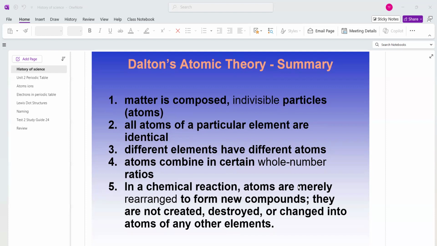Atoms combine in certain whole number ratios. What's the formula for water? H2O. The 2, it's not 1.999, it's exactly 2. It's not 2.111, exactly 2. That's what that's talking about.